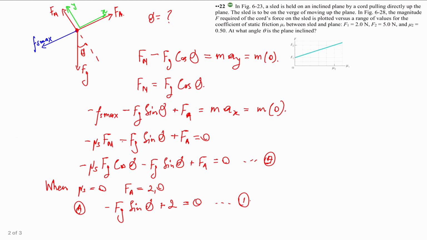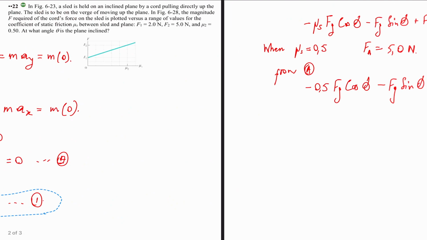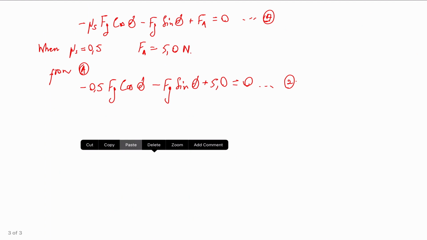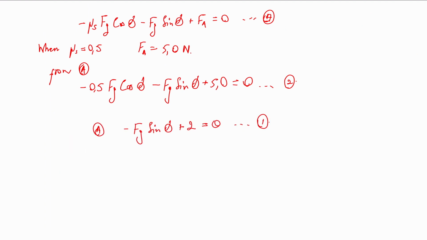So now notice we have two equations which we can use to solve. I'm sorry, let me back up. We have two equations, equation 1 and equation 2. We have two unknowns. What are our unknowns here? It's Fg and theta. But we can use this equation to find what Fg is going to be.